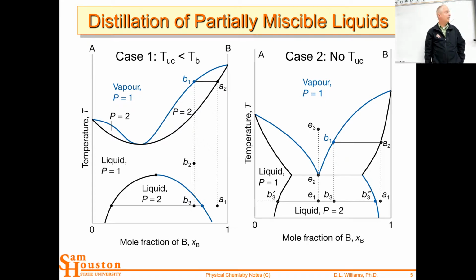Now the one on the right is really strange because they don't have an upper critical solution temperature. It still boils, but you've got a two-phase mixture and then it boils as two phases. Now remember that when it's boiling, it's at equilibrium. So the Gibbs energy or chemical potential in all phases, including both layers and the vapor phase, are equal.